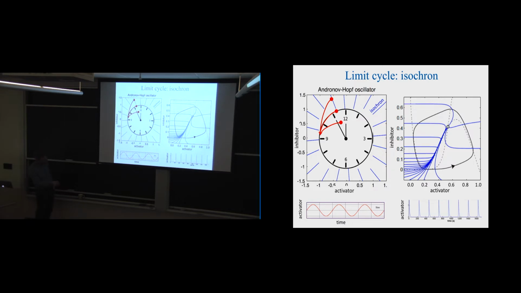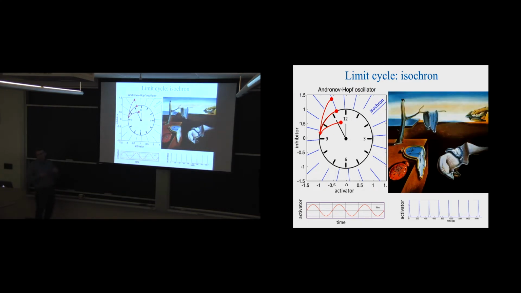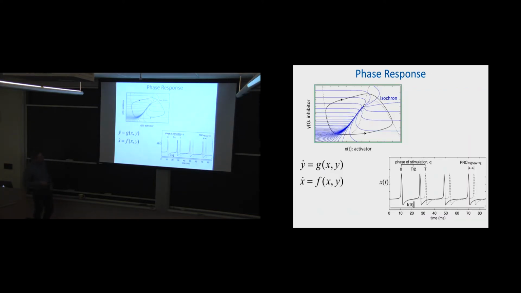That means you get this very sharp, relaxation oscillator type behavior, with a very short oxidation spike, and then it spends a long time with low activator concentration, and boom, it activates very rapidly and then comes back and spends a long time in this reduced state. So it's still a clock, but time is very warped, but it's still a limit cycle and a clock. Okay, so then what happens when you perturb it?